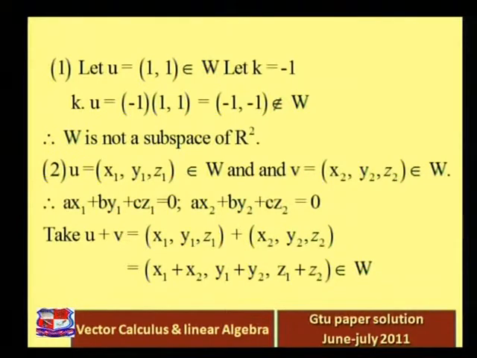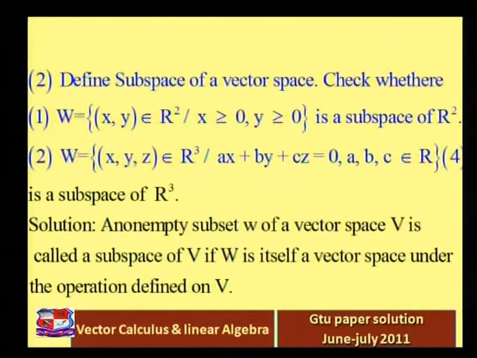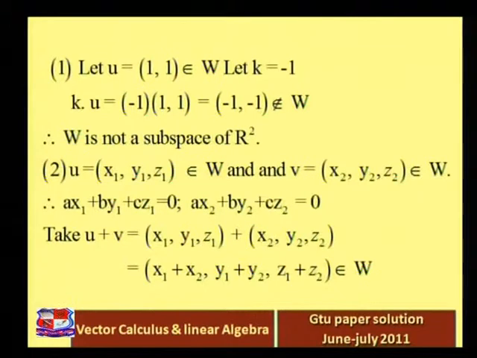Now the next set is W equal to (x, y, z) belonging to R3 such that ax plus by plus cz is equal to 0, where a, b, c belong to R. We want to check whether this subset of R3 is a subspace or not. So let's take two vectors, u equal to (x1, y1, z1) and v equal to (x2, y2, z2), belonging to W. So ax1 plus by1 plus cz1 is equal to 0 and ax2 plus by2 plus cz2 is equal to 0.